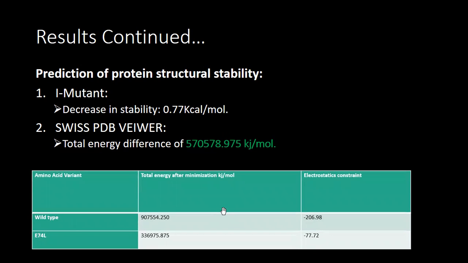And also CUPSAT gave a huge amount, in kilojoule per mole. If I calculate the difference between the two values of I-Mutant and CUPSAT, it gives a huge value. It means that the mutation has some effect on the whole protein structure.